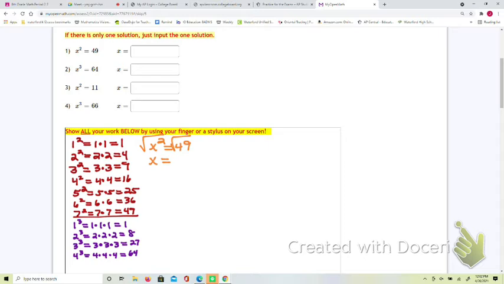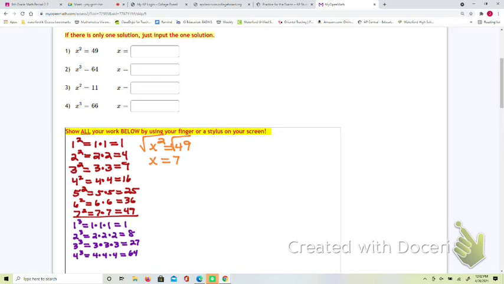Now, here is the thing that you might not remember. When you do a square root, there's two answers. So I'm going to look all down here, and I'm looking for 49. And 49 is the last one right there. What number to the second power equals 49? 7, right? Okay, hold on a second.